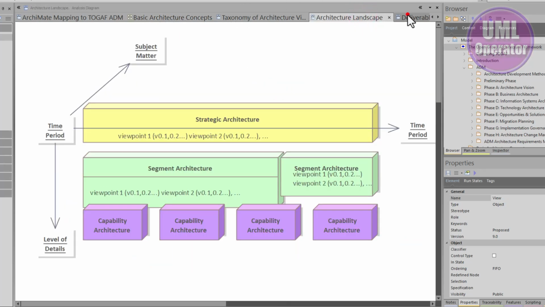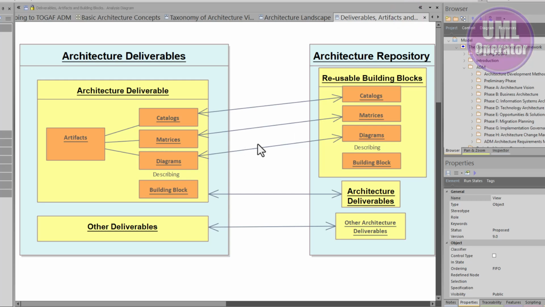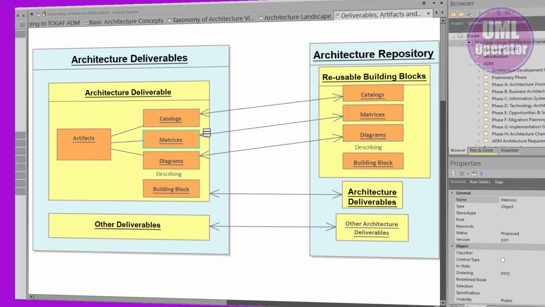We're using the deliverables out of TOGAF, the Open Architecture Framework, to address our artifacts, everything that we do, whether they're dealing with our asset catalogs, our matrix, a relationship matrix, specification matrix, relevant to all the diagrams that are taking place using the various building blocks that we have. All right. And that all is managed and maintained in the architecture repository.